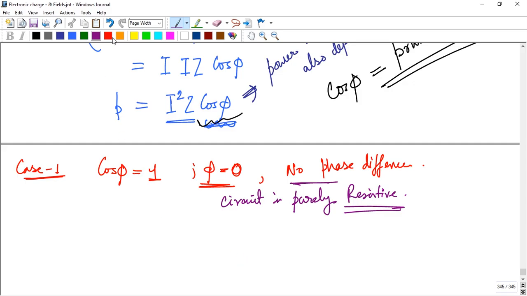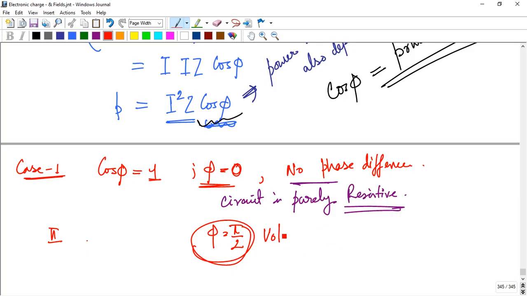Now case 2, if you have phi equal to pi by 2, that means the circuit is purely inductive or capacitive, because the phase difference between voltage and current is pi by 2, lead or lag.